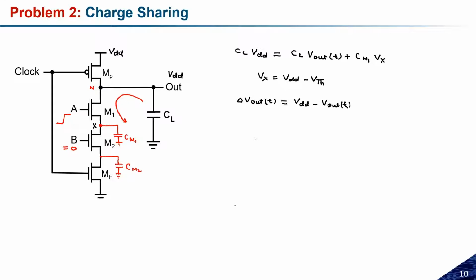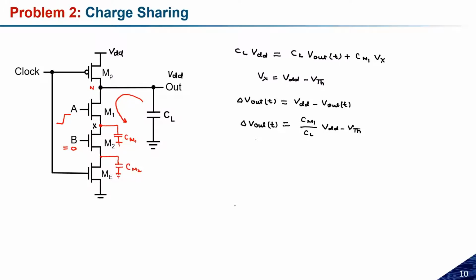So this will be the change, and if we calculate from the above equation, simply it will be CM1 divided by CL, into VDD minus VTH. Okay, so this is what the delta V out T is.